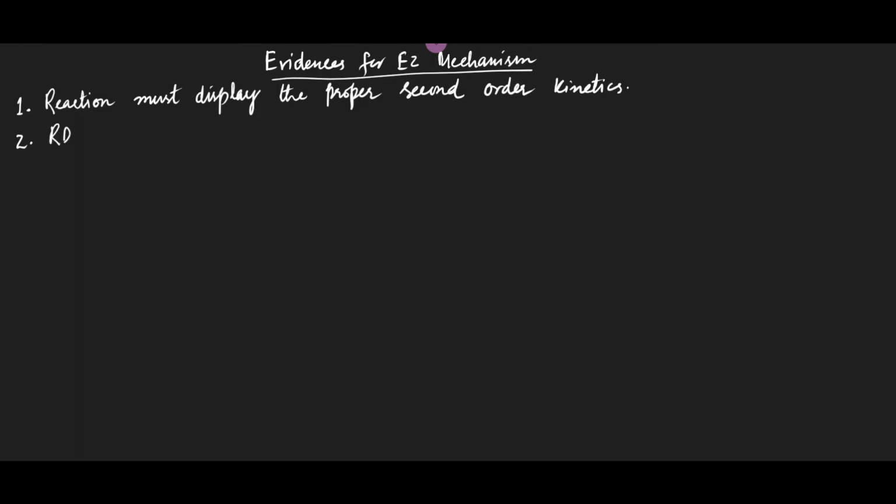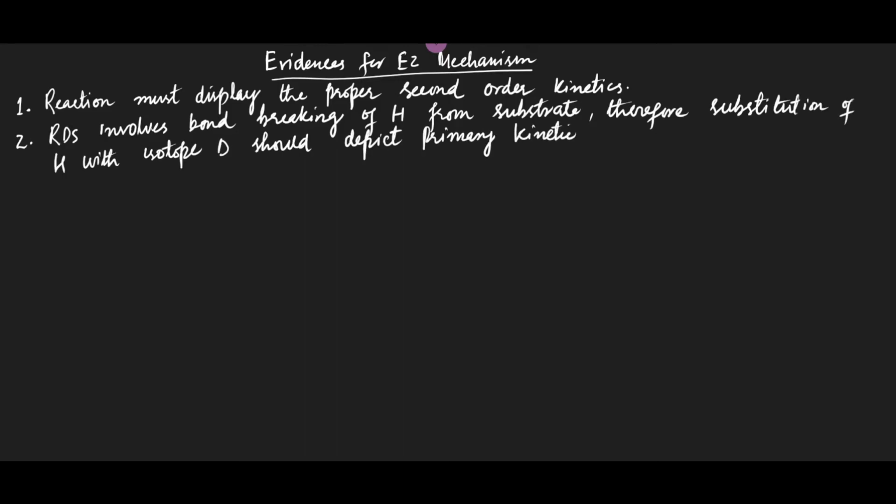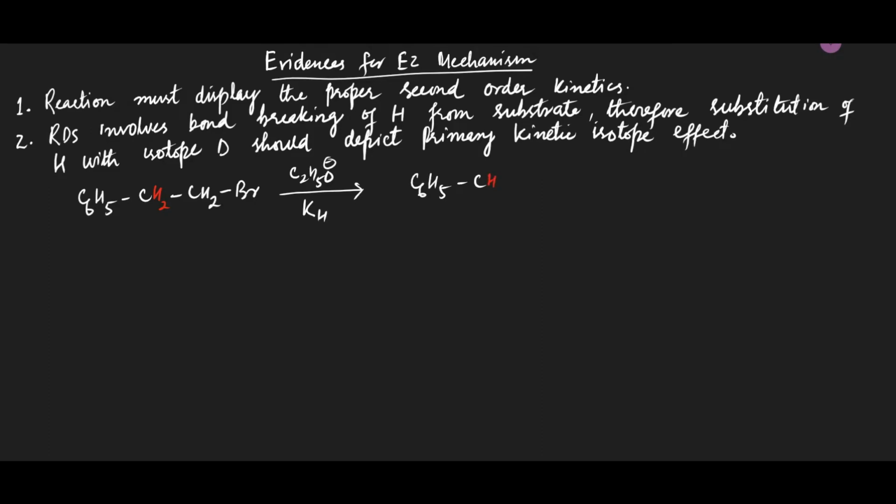Since the RDS involves bond breaking of H from the substrate, substitution of H with isotope D should display a primary kinetic isotope effect. As an example, consider this substrate molecule with a leaving group bromine and beta hydrogens in red color. Upon treatment with ethoxide base, it gives an alkene product by abstraction of one of the red beta hydrogens by base. Say the rate constant is kH.